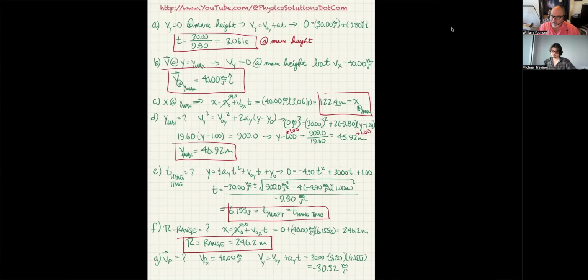Now, to make it a vector, because I asked for velocity, and velocity is a vector quantity, I actually have to recompose the vector out of the components. So I'm going to turn to the next page and say G continued. What we have here is our axes like this.